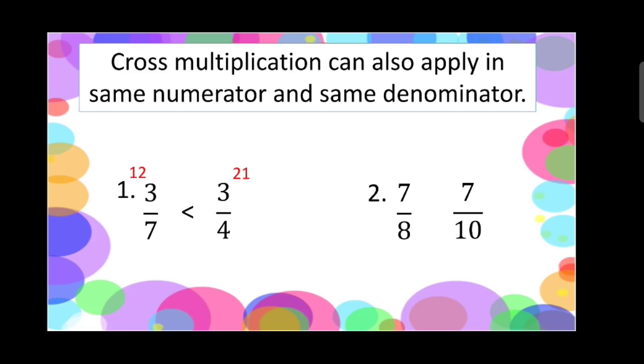So, mapapansin nyo, same sila ng numerator, pero magkaiba ng denominator. So, kapag ganyan, we apply cross multiplication. So, 8 times 7 is equal to 56, then 10 times 7 or 7 times 10 is equal to 70. So, di ba mas mataas si 70 kaysa kay 56. So, we conclude that 7 over 8 is greater than 7 over 10.